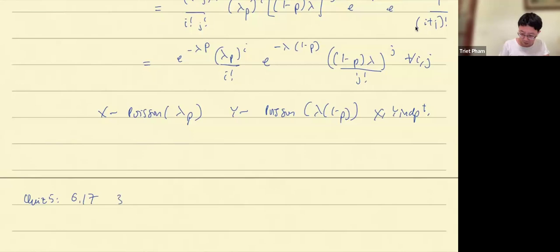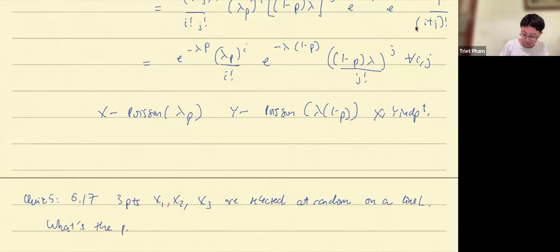They say 3 points, X1, X2, X3 are selected at random on a line L. What's the probability that X2 lies between X1 and X3?